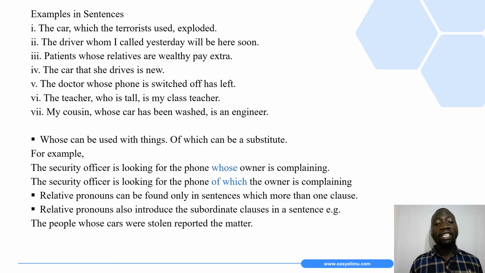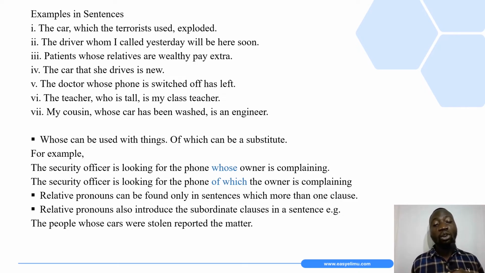So it modifies the teacher. We are talking about the teacher who is tall. It describes a person specifically by giving some unique details about that person. Our last example is: My cousin whose car has been washed is an engineer.